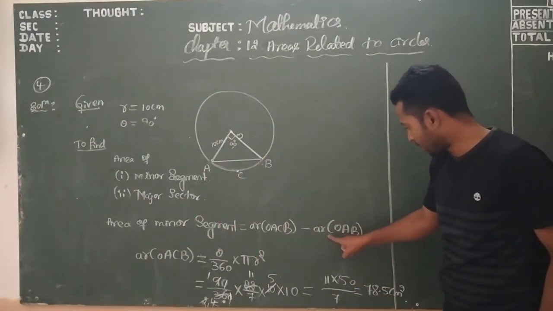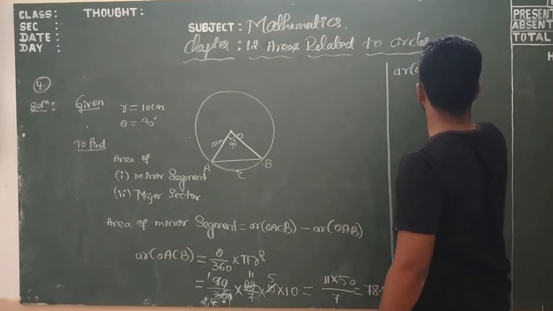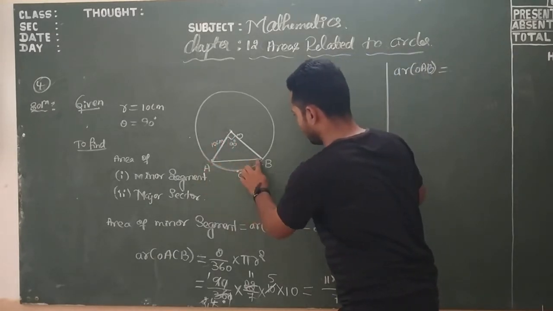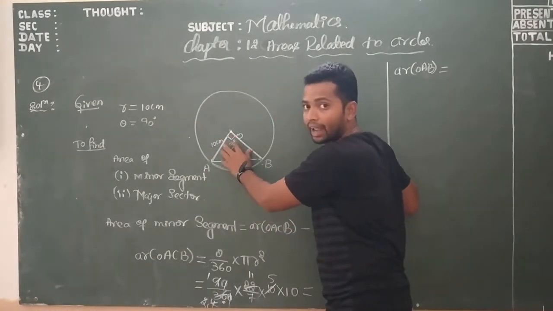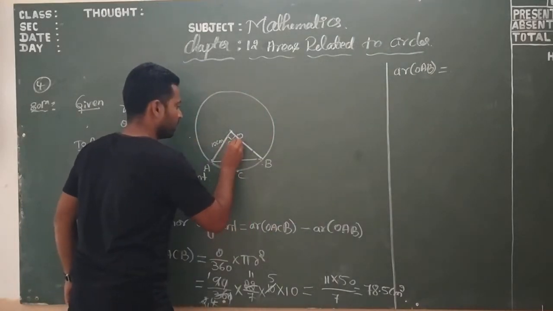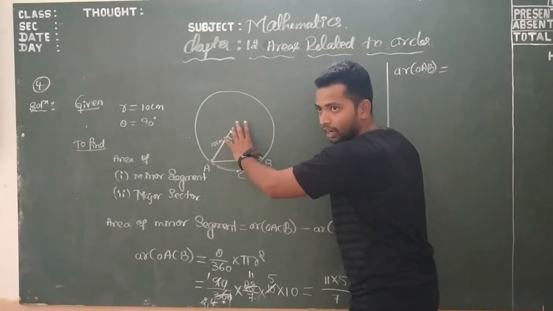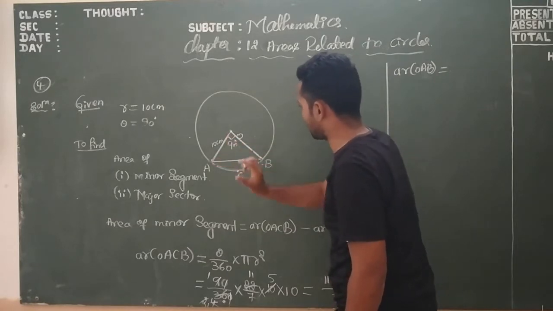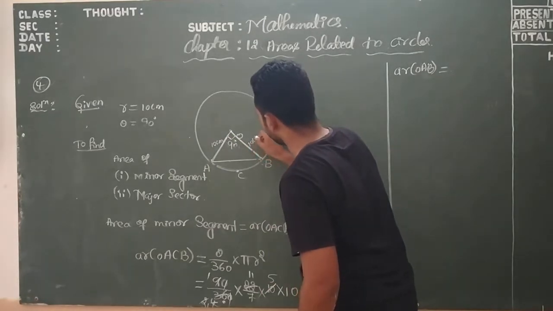Now we calculate the area of OAB. That means we calculate the area of the triangle. Let us assume AO is the base and OB is the height. The base is 10 centimeter, and the height is also 10 centimeter because they are radii of the same circle.